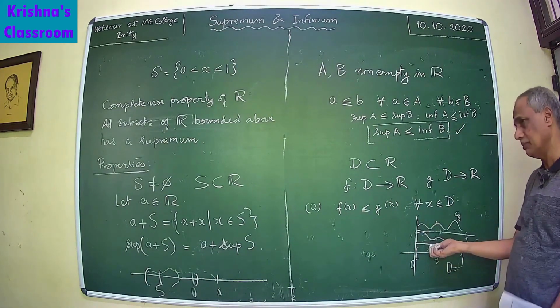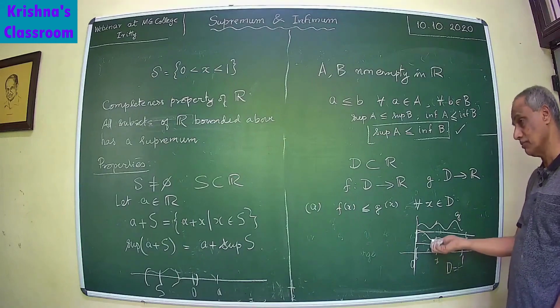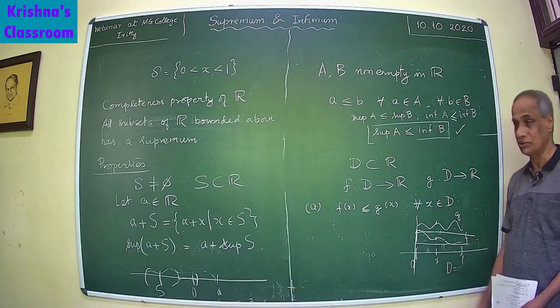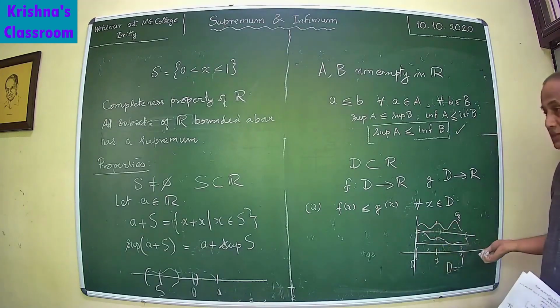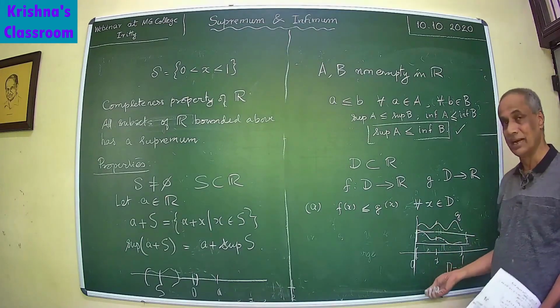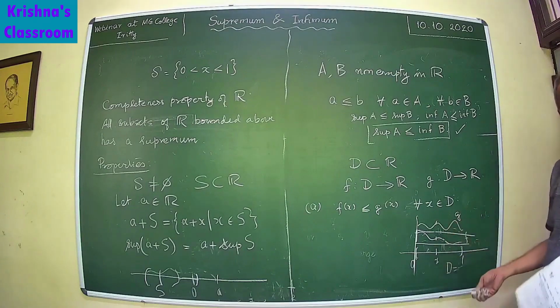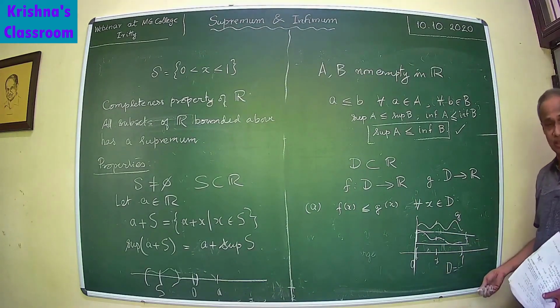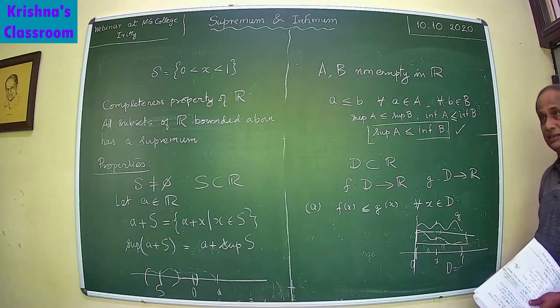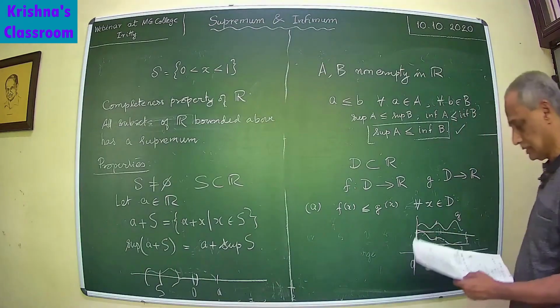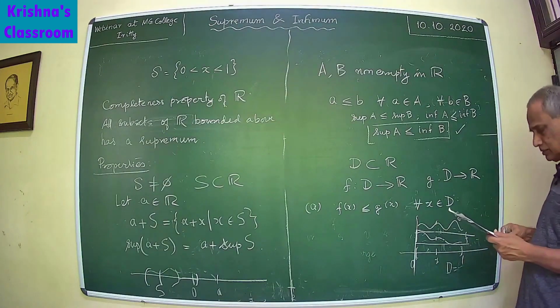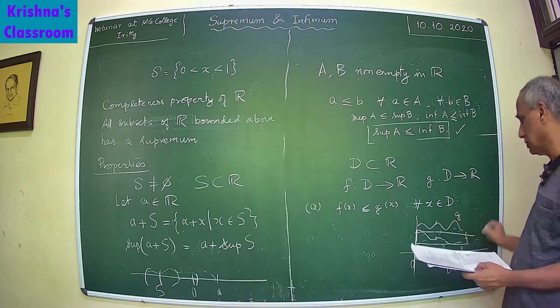I mean, I am talking with reference to the figure. Now I can only talk about supremum and infimum if the set is bounded. So if you are talking about bounded functions, then you have the range bounded, and then it has a supremum and an infimum. So you can talk about that. Similarly, you have the same sort of thing for G also.